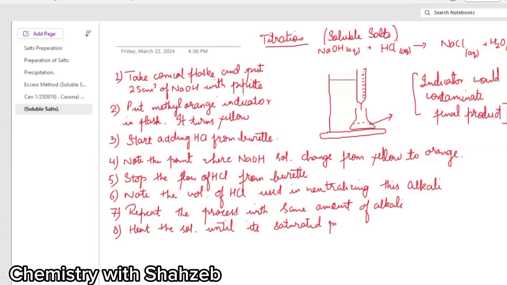At the saturated point, we stop heating and allow it to cool. Crystals start to form, and we wash those crystals with organic solvent as they are soluble salts. Then we dry them in the folds of filter paper. So this is the whole lecture on the preparation of salts.